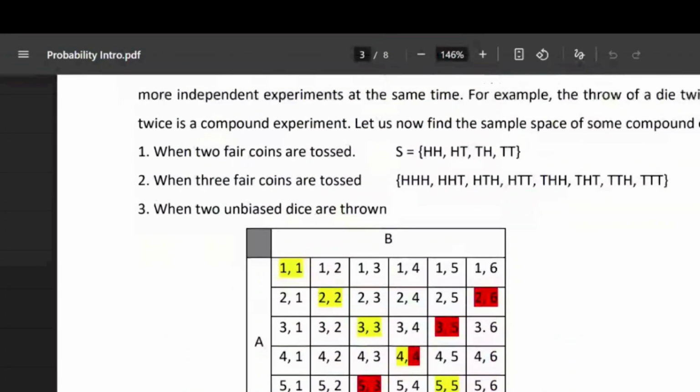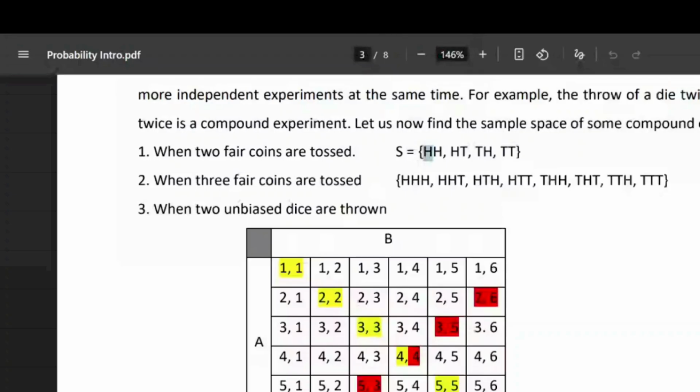When you toss 2 coins together, the story changes. When you toss one coin, we are expecting just a head or just a tail. But when you toss two coins together, what we are expecting to see is in the sets we are having there.